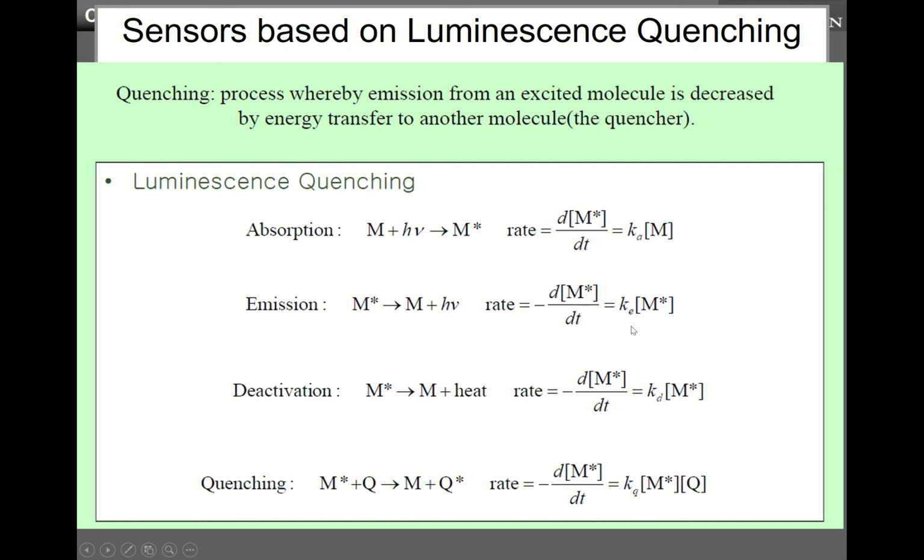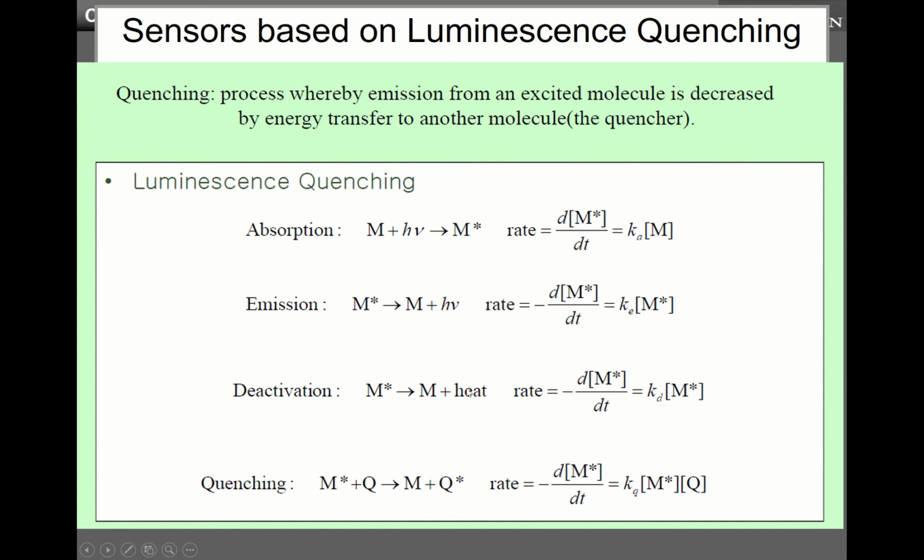In short, it is proportional to the concentration of excited molecules, and the proportional constant is Ke. Another fate of the excited molecule is deactivation. That's a simple deactivation: the excited molecule goes back to the original molecule and generates heat.